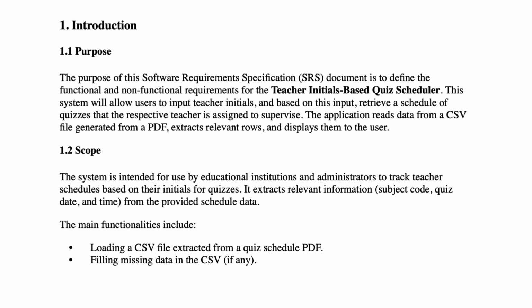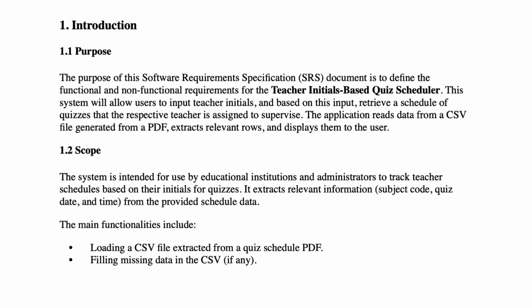The application reads the data from a CSV file generated from a PDF, extracts relevant rows, and displays them to the user. Its scope is that it can be used by educational institutions and administration to track teachers' schedules based on their initials for quizzes. The main functions include, first, loading the CSV file extracted from the PDF.